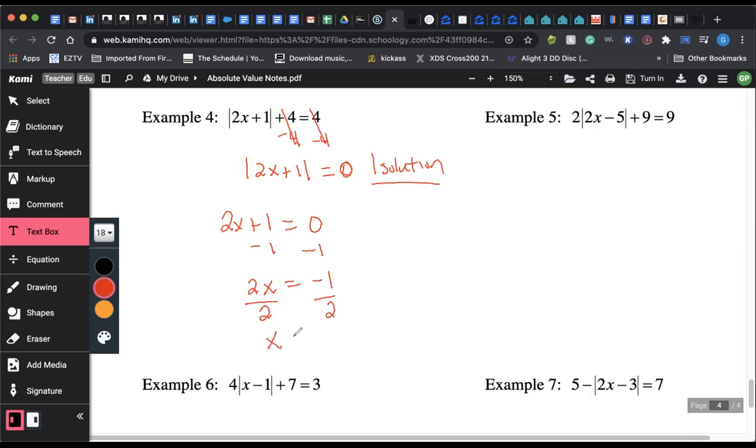And my answer is x is equal to -1/2. That is the only way to get a solution that works for number 4. So there's only one solution, x is equal to -1/2. Whenever my absolute value is equal to 0, I'm only going to have one solution.